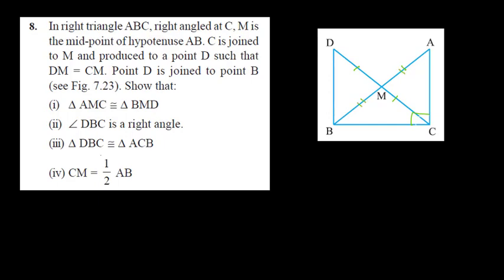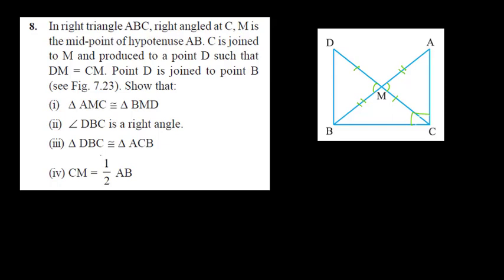We have to show that triangle AMC and triangle BMD are congruent triangles. So easily you can figure out by side angle side, because this angle and this angle are equal, vertically opposite angles. Next I have to show that DBC is right angle.